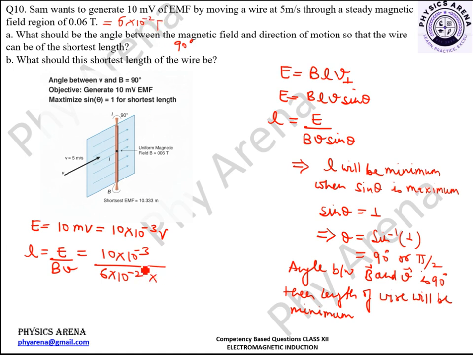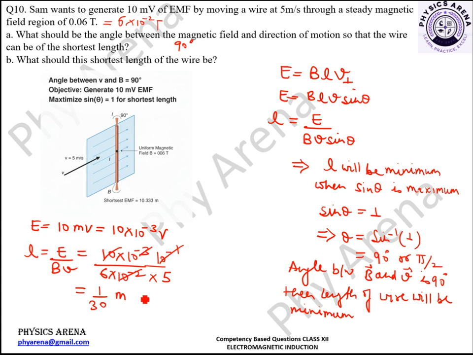And the value of V was given to us as 5 meter per second. So this will be cancelled out with this and we are left with 10 to the power minus 1. This cancelled out with this and we are left with 1 by 30. So it is equal to 1 by 30 meters.